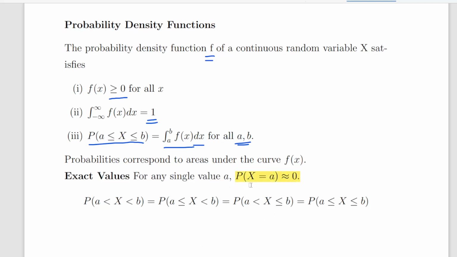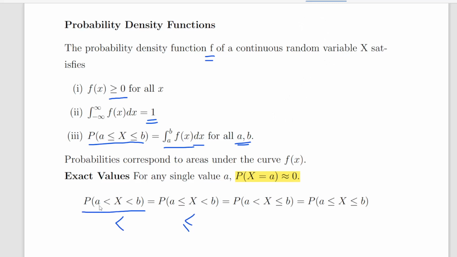Now, sorry, just to clarify, X is a continuous random variable in this case, and this does not apply to discrete random variables. So essentially what we have here is a couple of expressions that we can treat as being equal to each other. So just notice that we have different operators. We have less than and less than or equal to. By the same token, we can switch them around and use greater than and greater than or equal to. But essentially all of these four expressions are equal to each other.